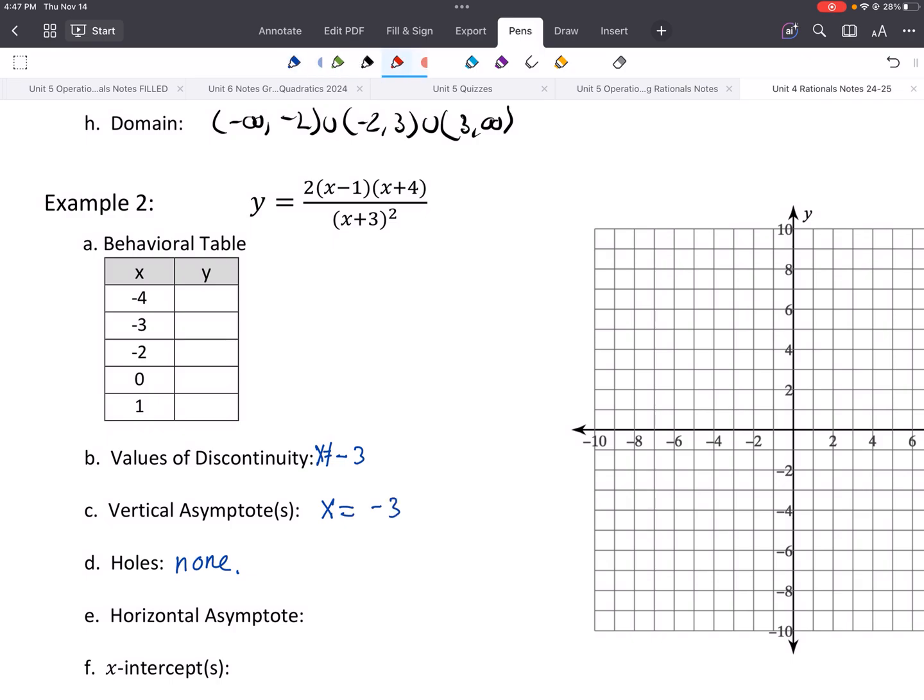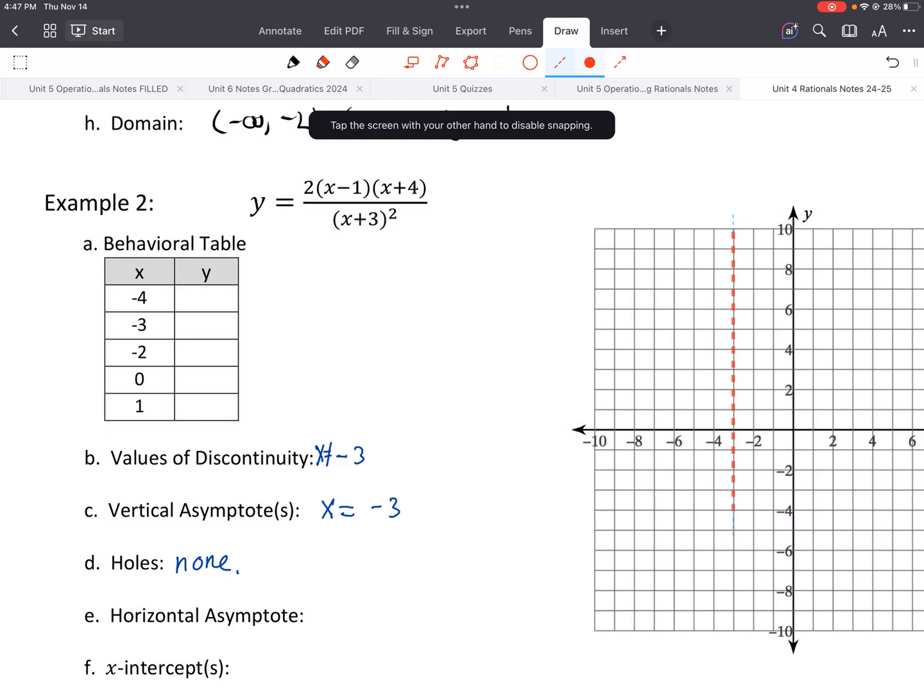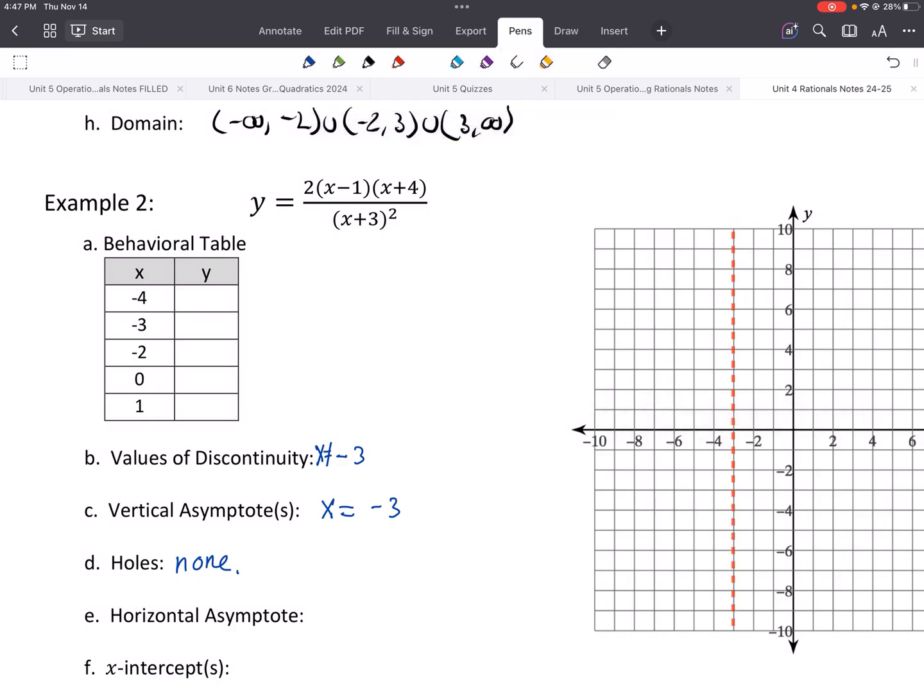So let's sketch that. So x equals -3. Oops, sorry, I meant to do my dotted lines. There we go. Okay, and we can fill in that at -3, it's DNE, or undefined. Okay. Horizontal asymptote, again, we compare the degrees.